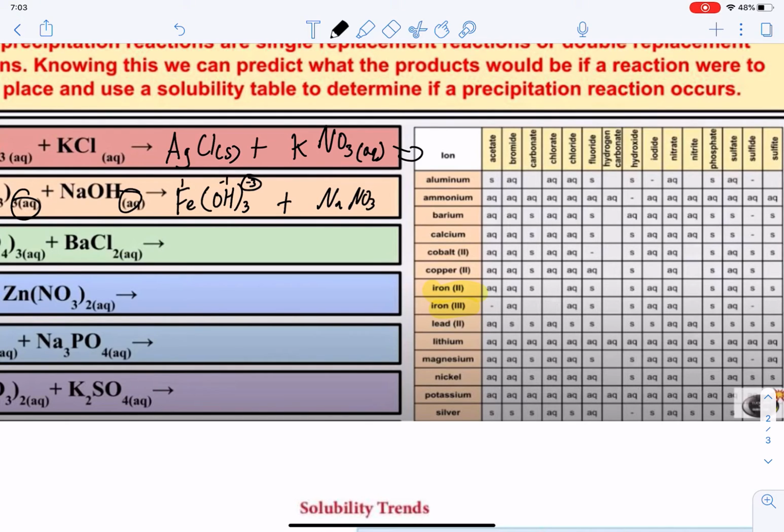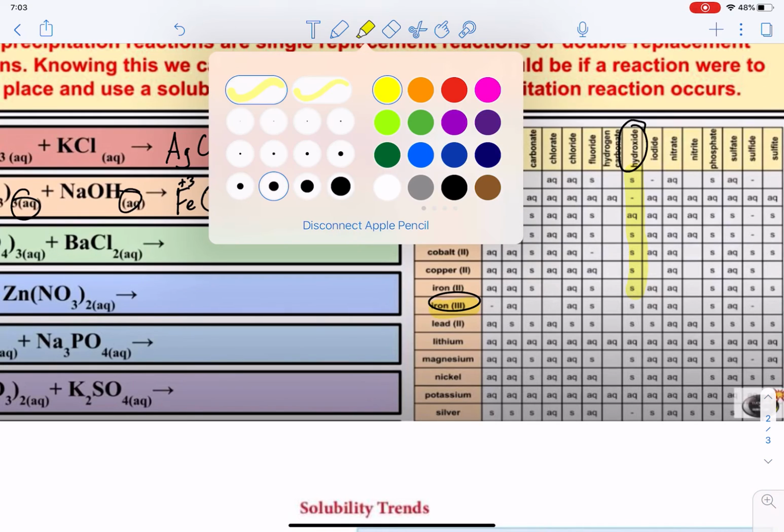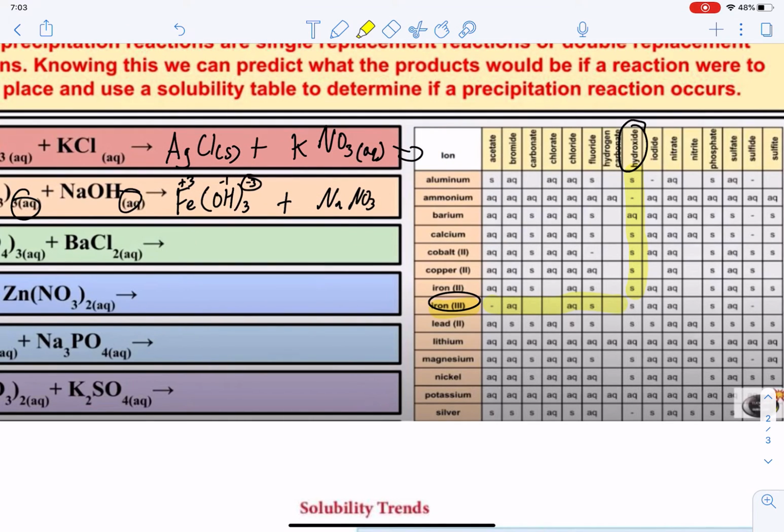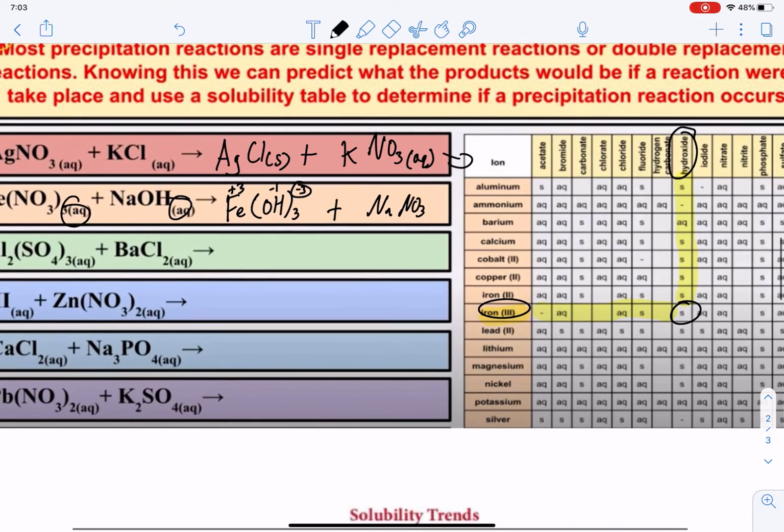So that means this iron has to be +3. So we are going to be using iron 3 as our cation. And then we're looking for hydroxide, which is right here. And go down, move it that way, and here we can see that this is our precipitate. All right, we got a solid that formed.